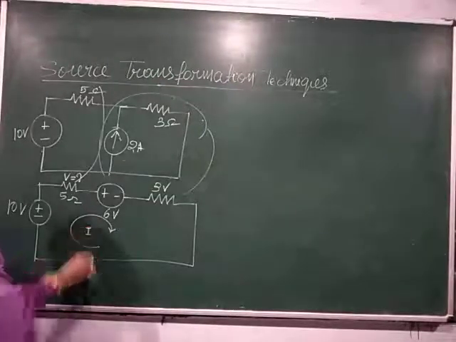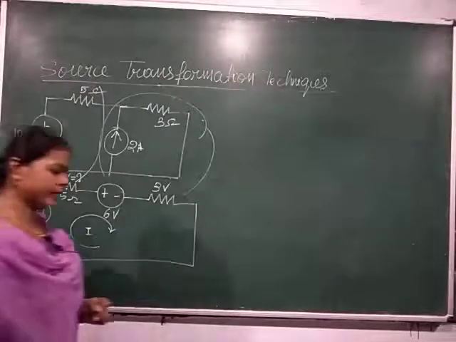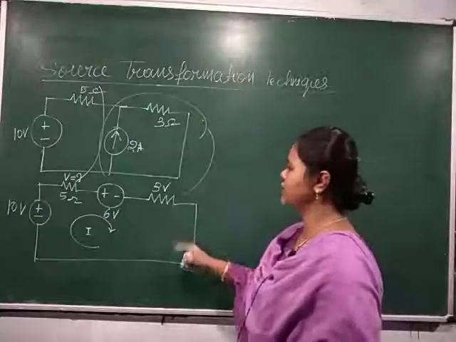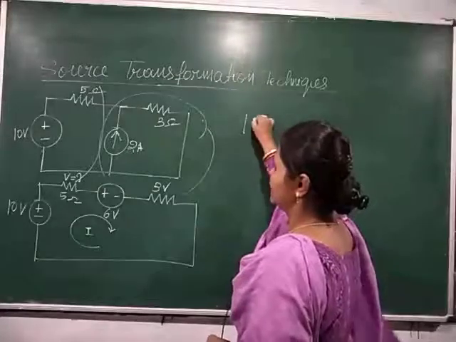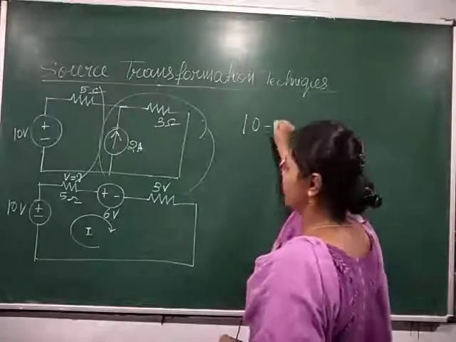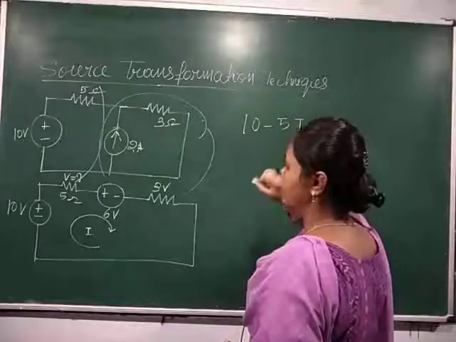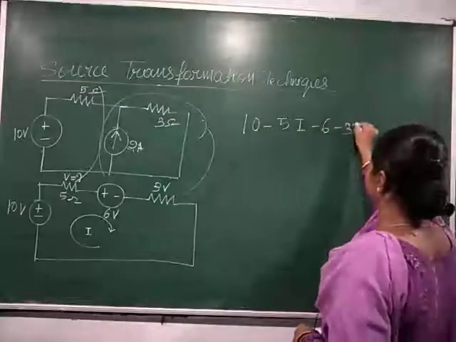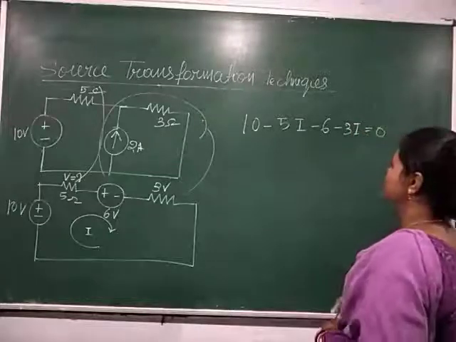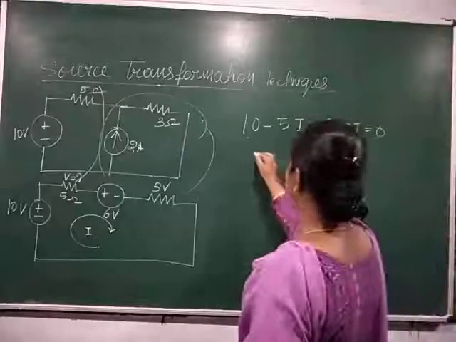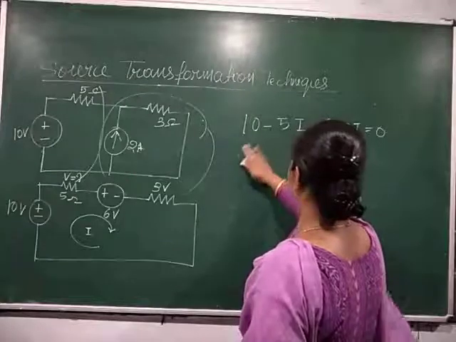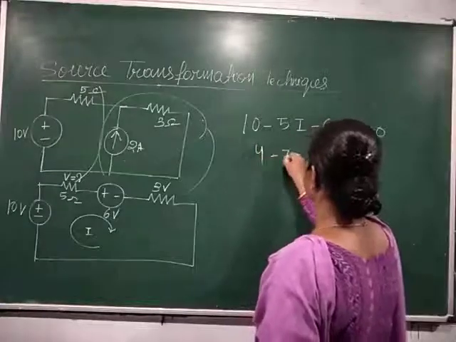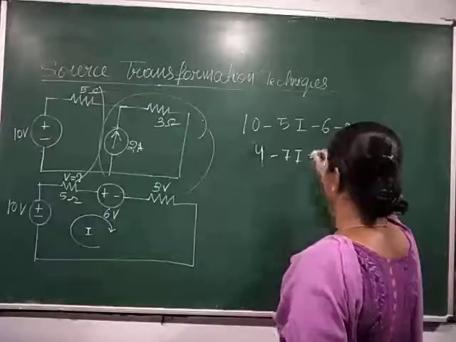Here I take current I. If you apply Kirchhoff's voltage law, then the KVL equation for this circuit is 10 minus 5I minus 6 minus 3I is equal to 0, or 10 minus 6 is 4 minus 7I is equal to 0.